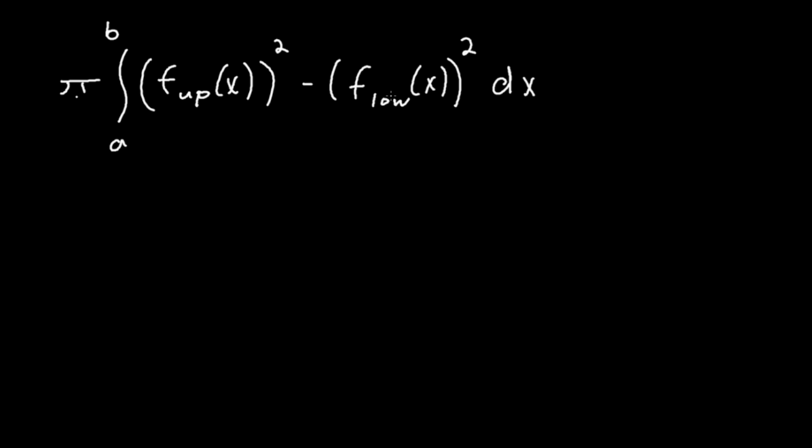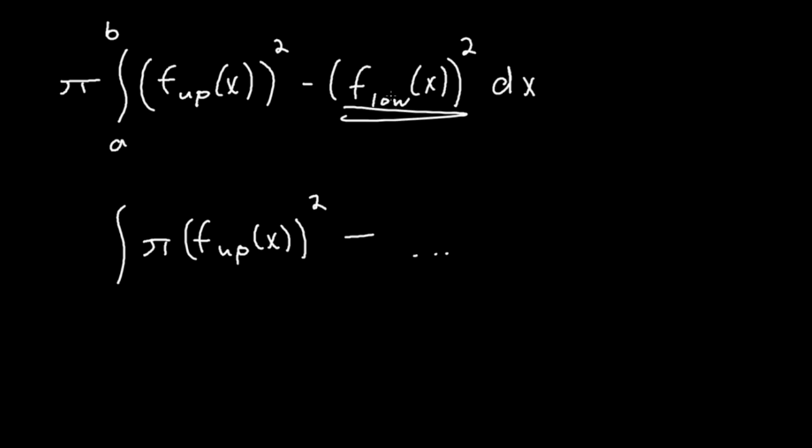And of course, if you distributed the pi into everything, you would have the function of the upper bound squared minus this part. But pi times your function value squared is analogous to pi times the radius squared, right? Your function value is the y value, and the y value of your function is the radius of the circle that you're rotating around.